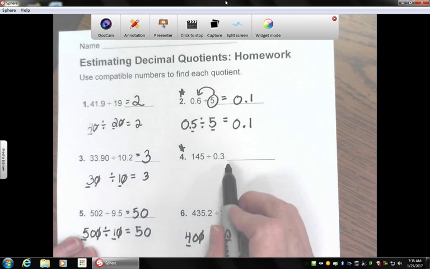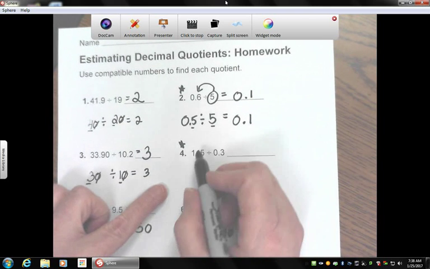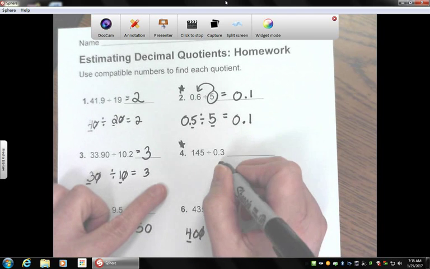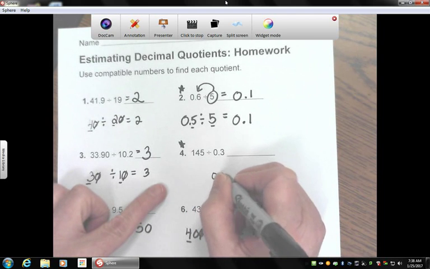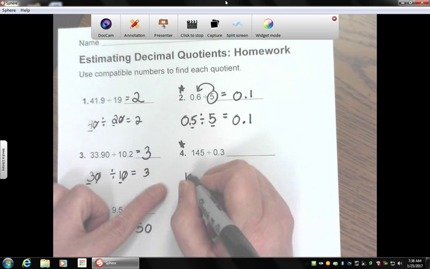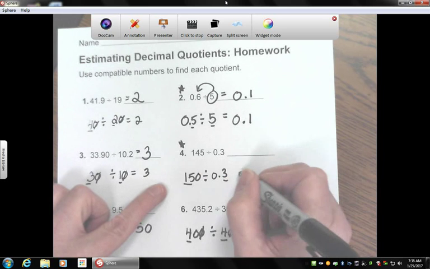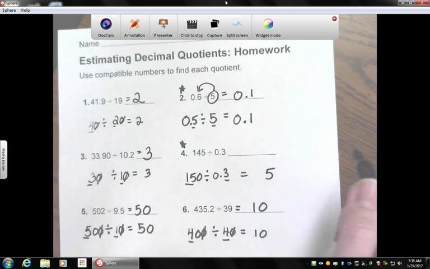This next one here kind of goes in the opposite direction of this problem up here. Here we have, first of all, let's do our estimate. I'm going to keep 3/10 as 3/10, but I'm going to round 145 to 150. I know that 15 divided by 3 is 5, but let's stop here and think.